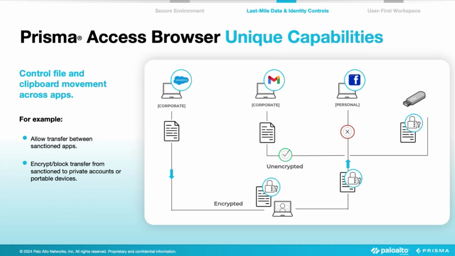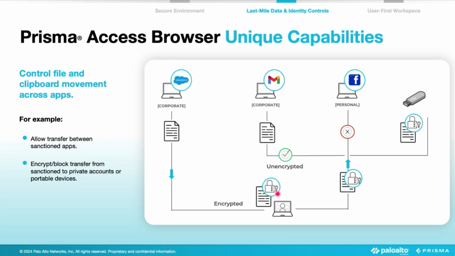A very fancy use case that I will try to demonstrate to you in the demo in a few minutes is where you can secure files that are being downloaded from your corporate instances. So in this example, we download a file and the file will be encrypted on the endpoint. You will only be able to open this file using Prisma Access Browser.